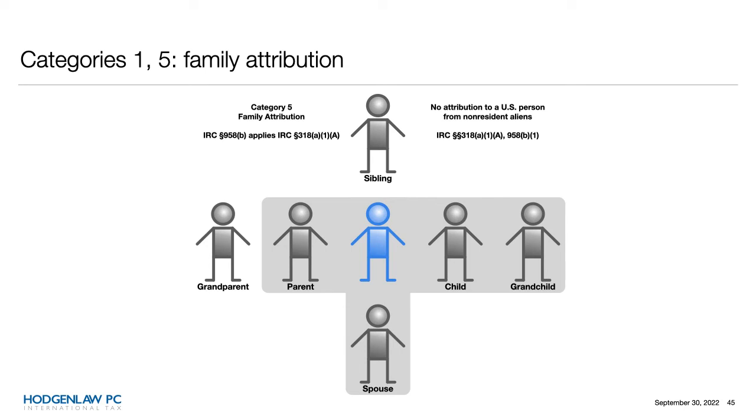The only critical difference here is that unlike category 4, where attribution from a non-resident alien is allowed, for categories 1 and 5, non-resident alien attribution to you, blue stick figure in the middle, is not allowed. And again, for categories 1 and 5, look who is not part of the equation for attributing stock ownership to you. Siblings, off limits. Grandparents, off limits.